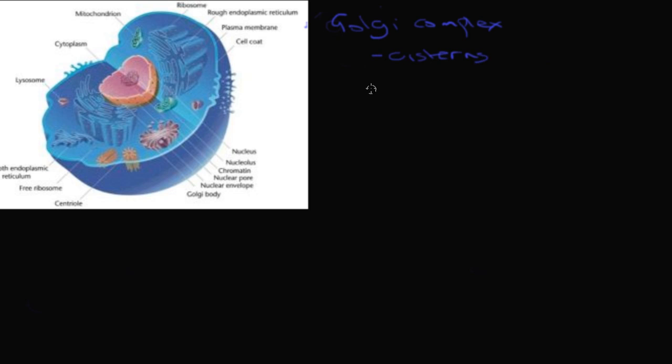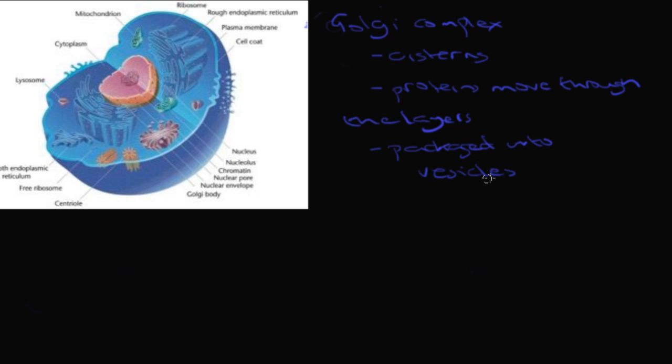And the proteins move through these layers, where they continue to be adapted and packaged. And they're packaged into vesicles. So this is like a membrane around them, if you like.